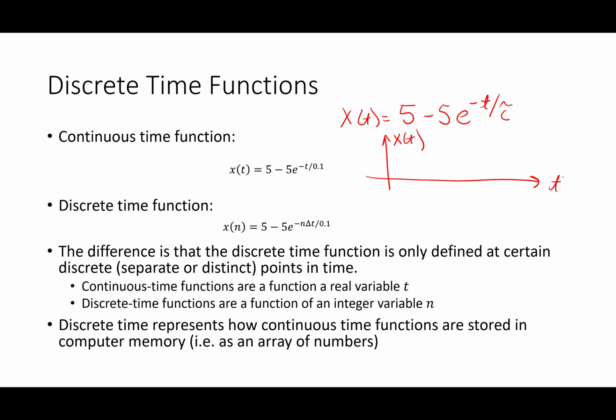Because what we said is when I plot these things in MATLAB, MATLAB basically plots a series of points. What's going on with t? Why can a computer never plot this? We have a number of points. x of t is a function of a real variable.